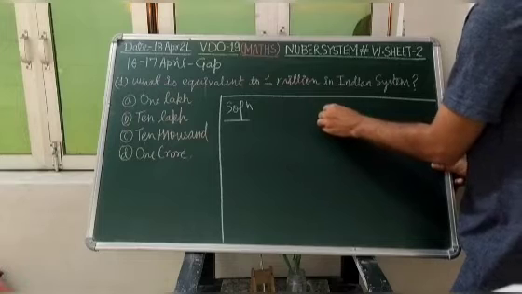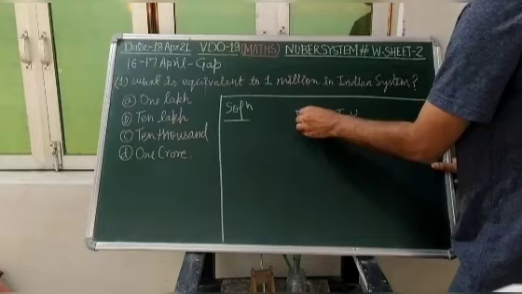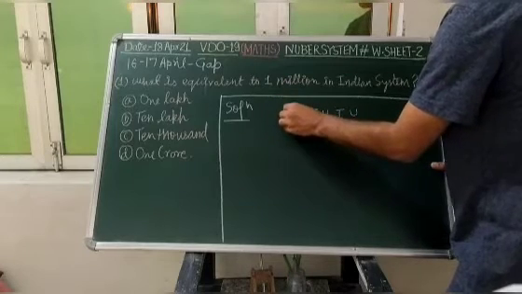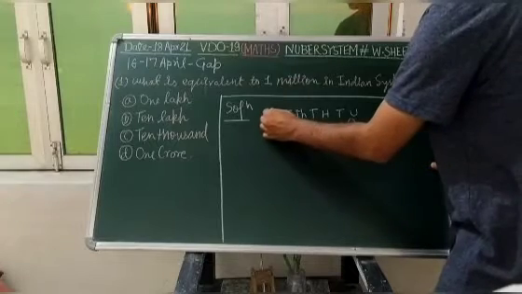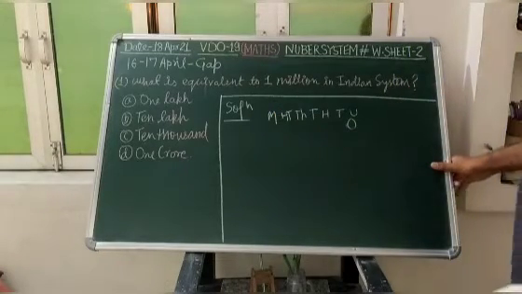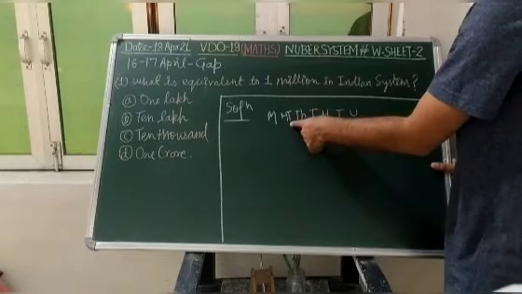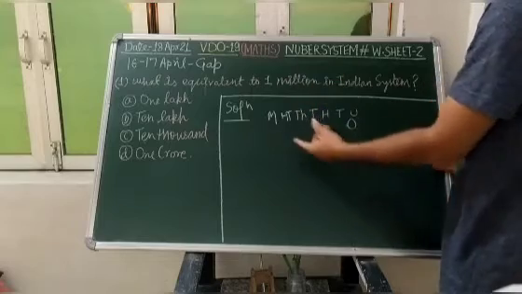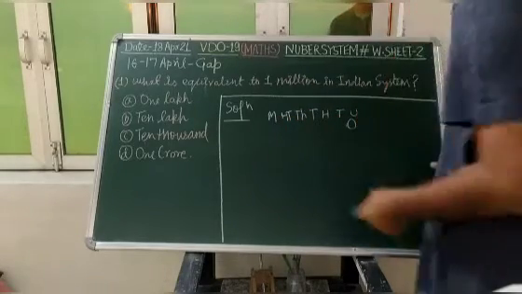Unit, 10, 100, 1000, 10,000, 100,000, and thereafter million will come.